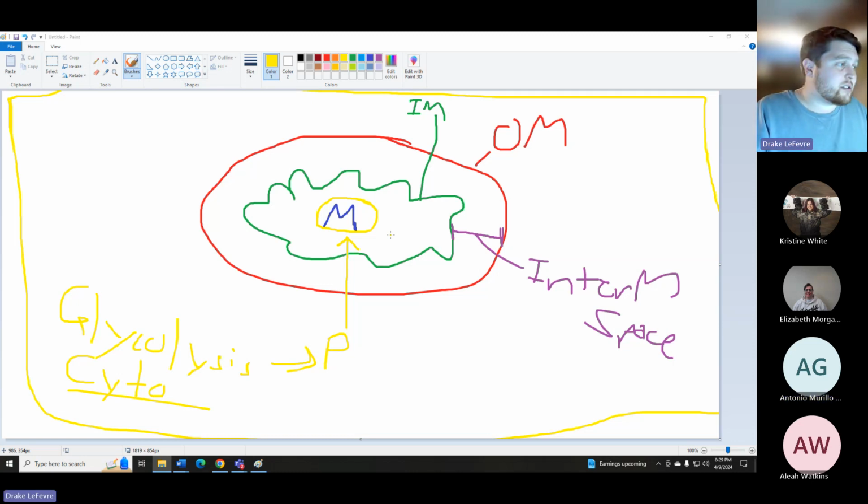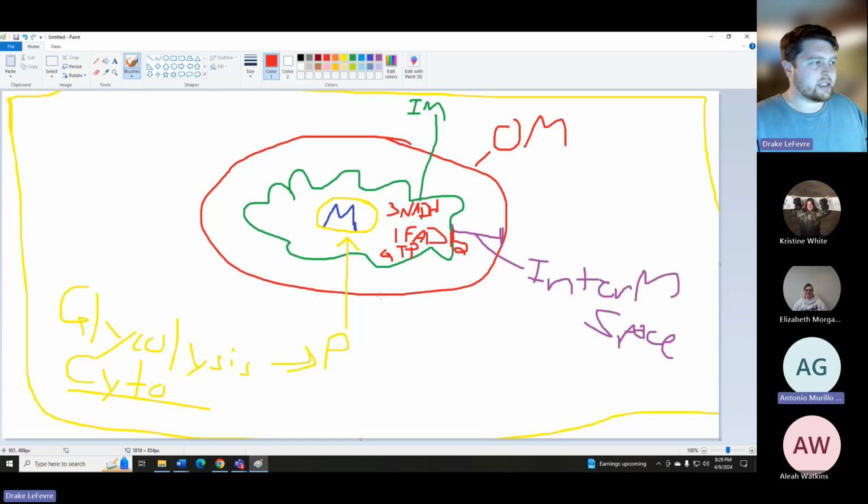We have 3 NADHs and 1 FADH2 per turn of the Krebs cycle, right? So we have those. We have 3 NADH and 1 FADH2. And we get 1 GTP, which acts similar to an ATP, so we count it as an ATP.